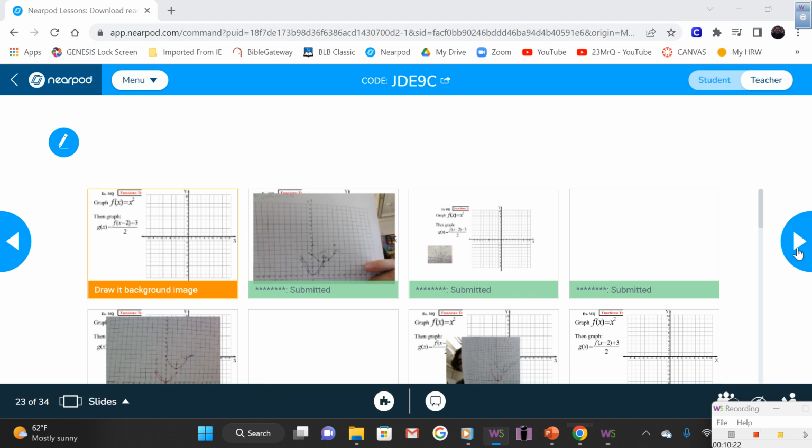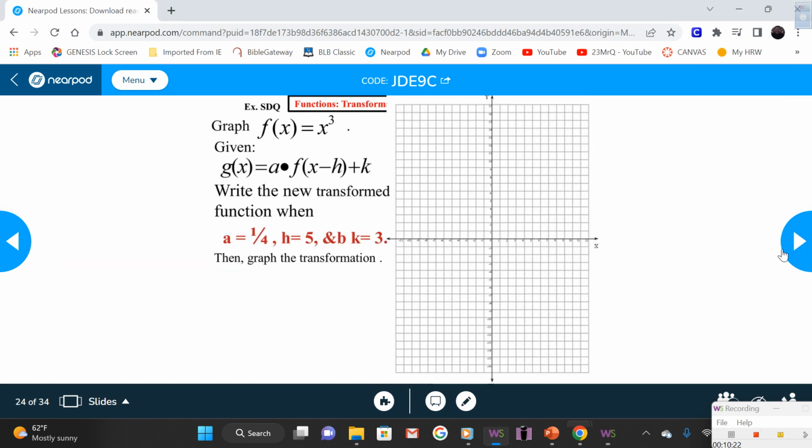All right, turn your paper over to the side where you have the two coordinate planes. Top left, copy this one. Example super duper cute. Copy that one, top left. I'll give you some time, copy that.